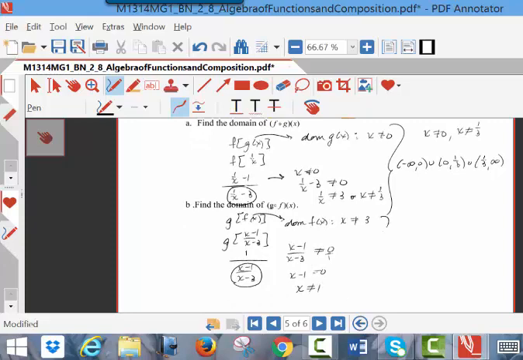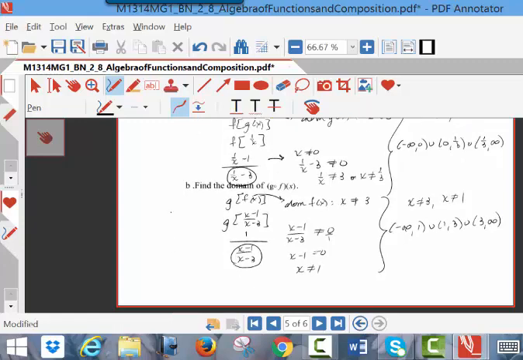Okay, so the answer to this one is we have two exclusions. X cannot be 3 and x cannot be 1. So this becomes negative infinity to 1 in union with 1 to 3 in union with 3 to infinity. Up higher, like that.